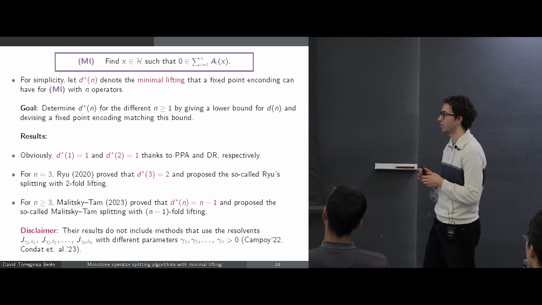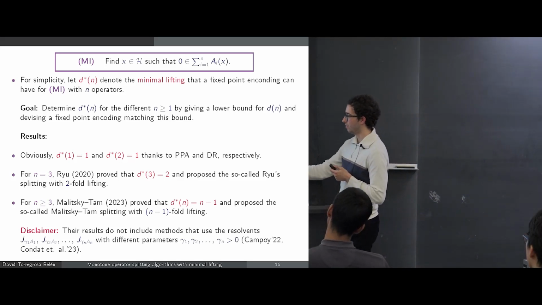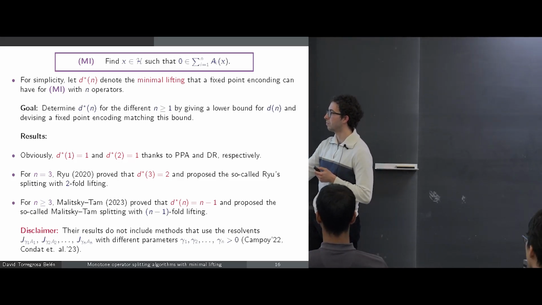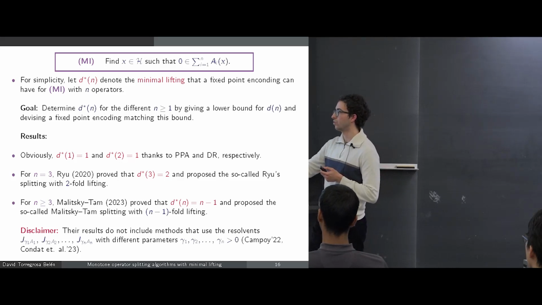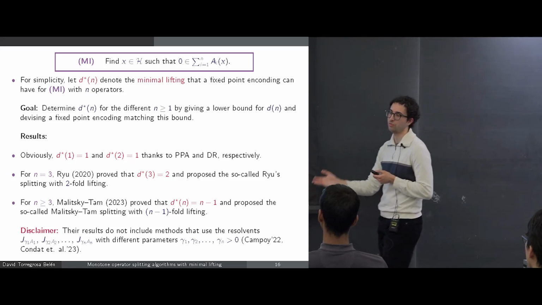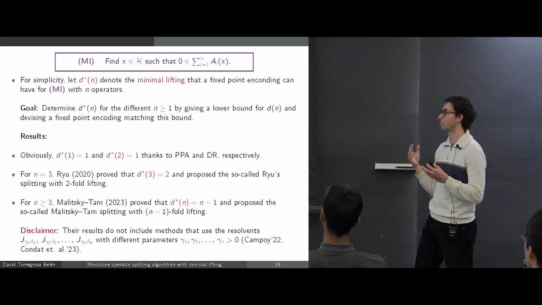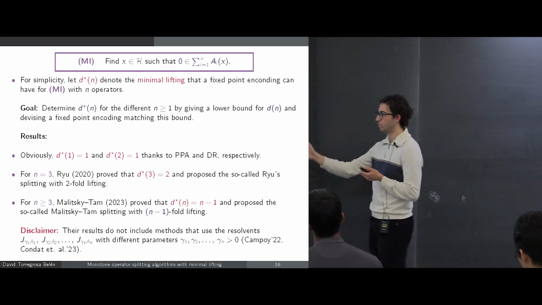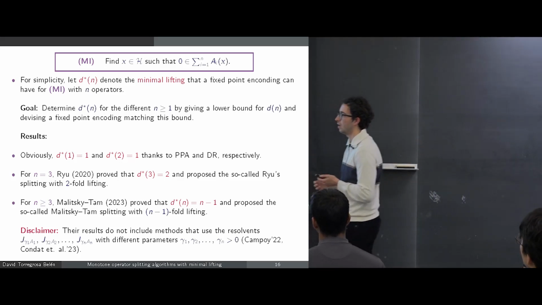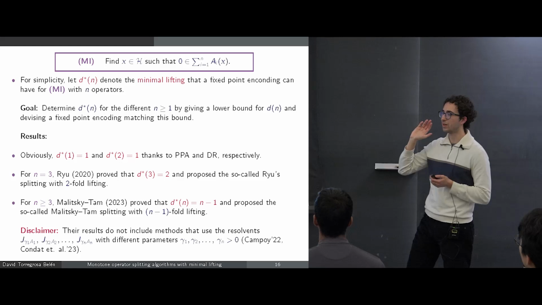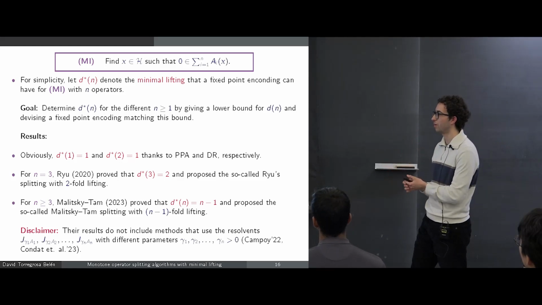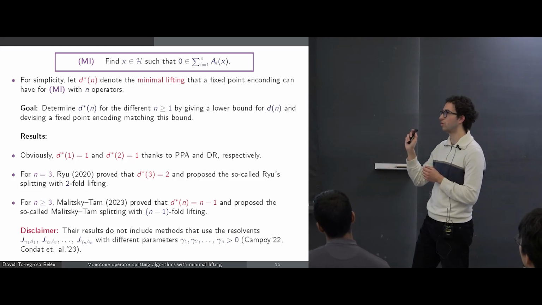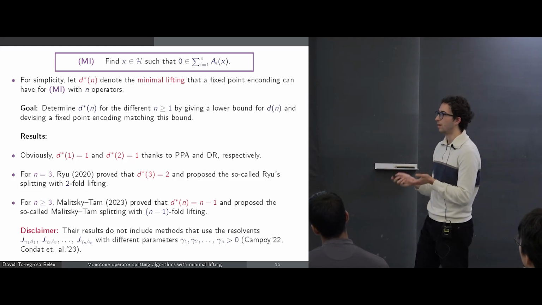The first reason is that there already were algorithms that, with different parameters in the resolvent, had the minimal lifting property and were not included in the result. So according to the result, there could be algorithms that had less lifting when you add these step sizes. And the second thing is that for another kind of monotone inclusions that I hope to have time to talk about, you need these parameters to control some of the elements of the problem.